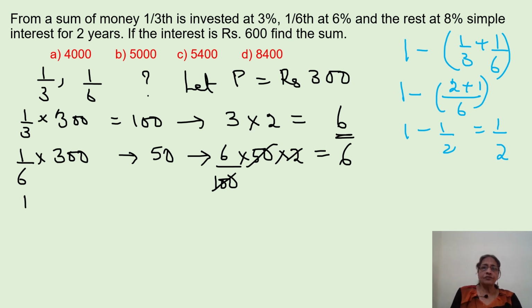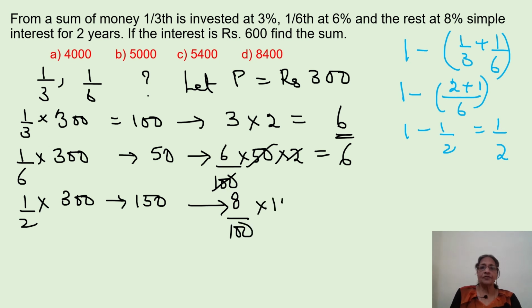So half of 300, that is 150 rupees. 150 is at 8% simple interest. So 8% of 150, and this is for 2 years.